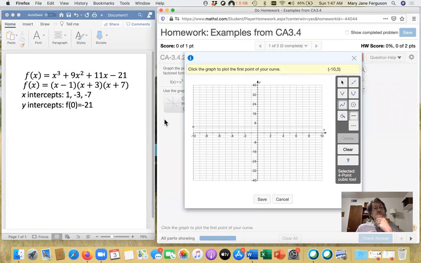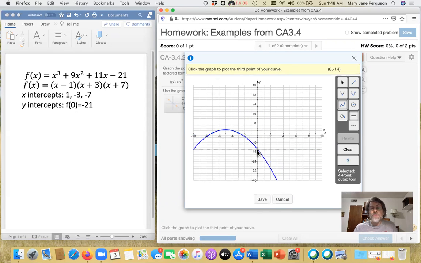So I'm going to start on the left end. As I look at my x-intercepts, I notice that there's one at -7. So I'm going to click a point at -7 on the x-axis. There's also one at -3. That's right here. So far, this doesn't look terribly exciting, but when I plot the y-intercept, that's going to really help. So I'm going to plot a third point.